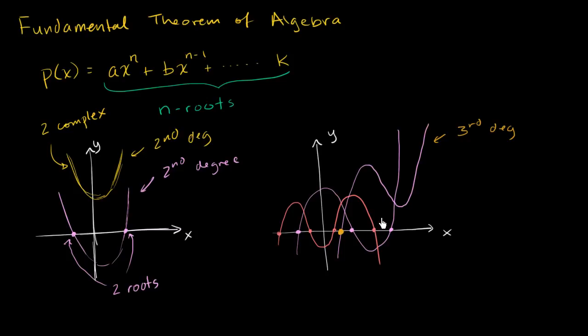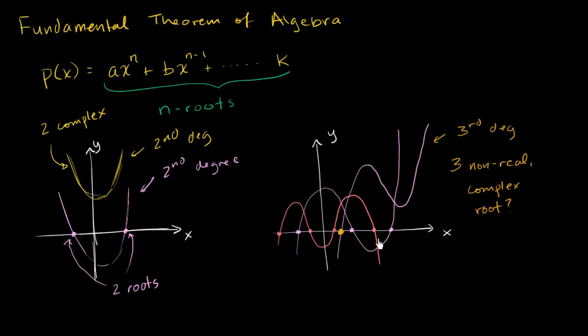Now, could you have a situation where you have a third degree polynomial with 3 non-real complex roots? Is this possible for a third degree polynomial? Well, the answer is no, because complex roots, as we'll see in the next few videos, always come in pairs, where they are conjugates of each other.